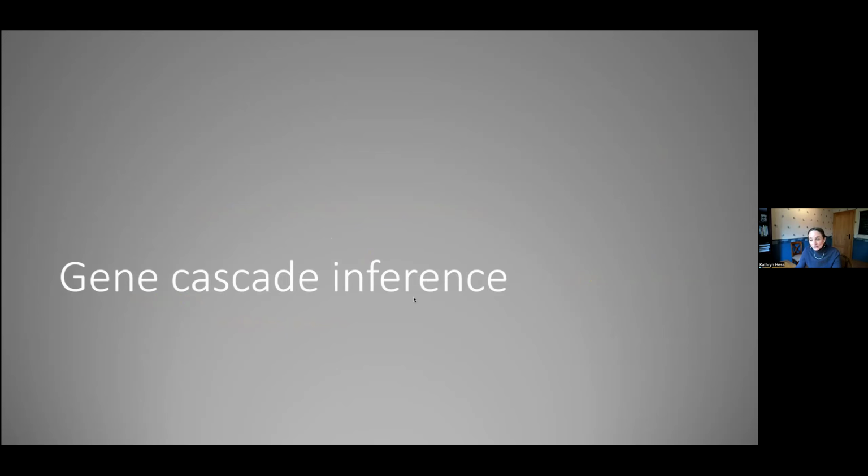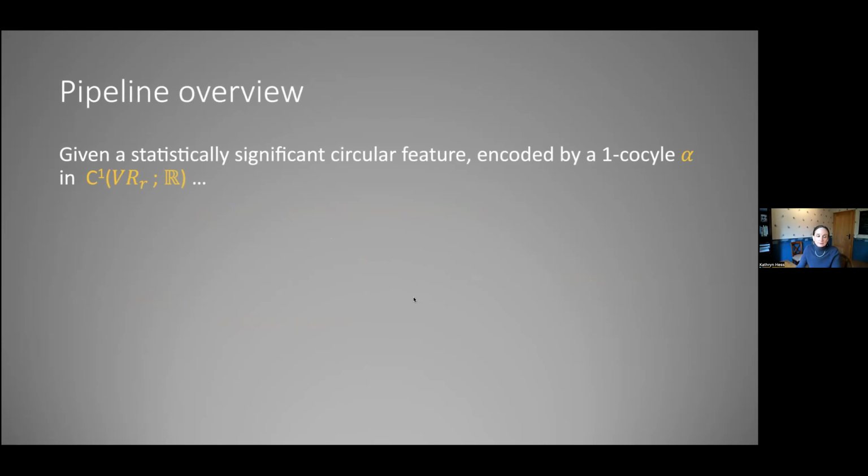But once we're given the circular structure, we'd like to extract some biological information about it and see what exactly the cyclic process is. Which genes are involved? In which order? According to which amplitudes? So the pipeline we put into place is like this. Suppose we detected a statistically significant circular feature, which is encoded by one of these one-cocycles.